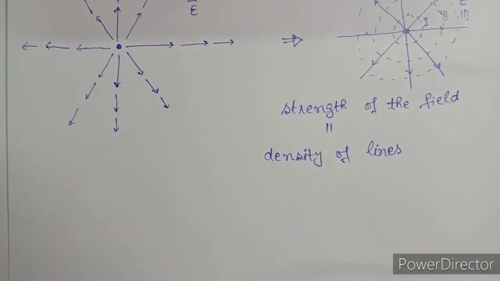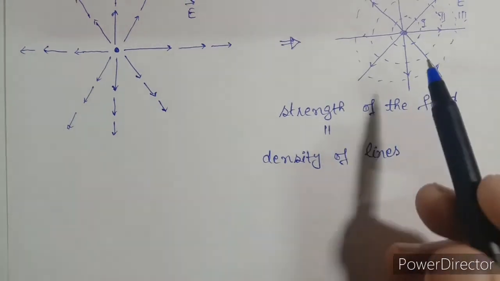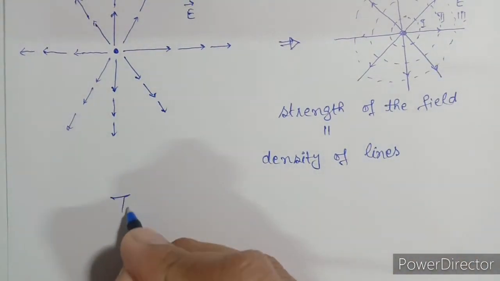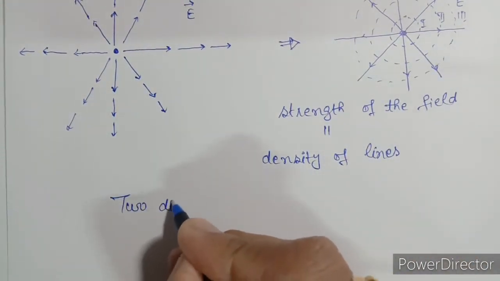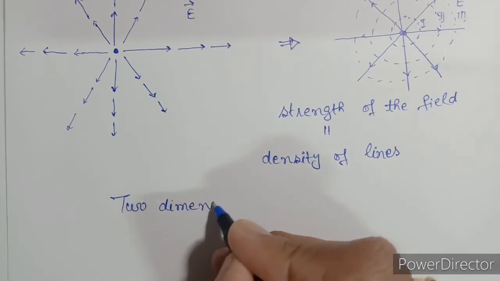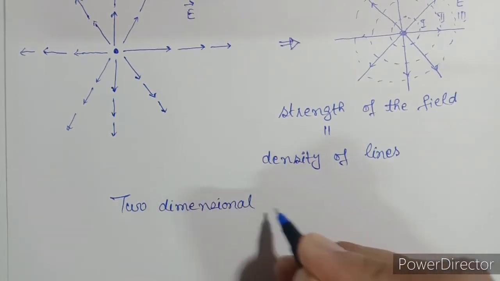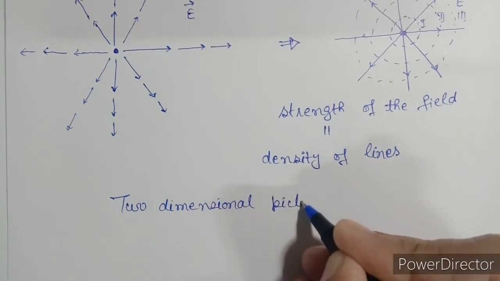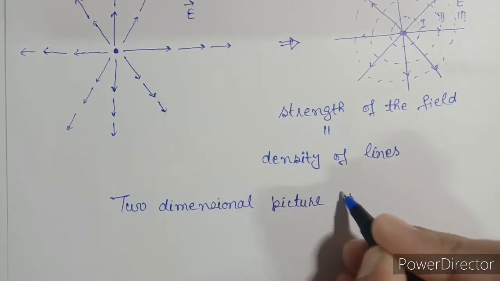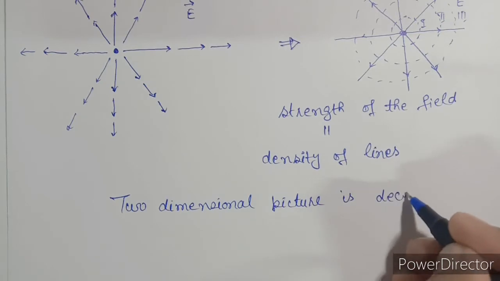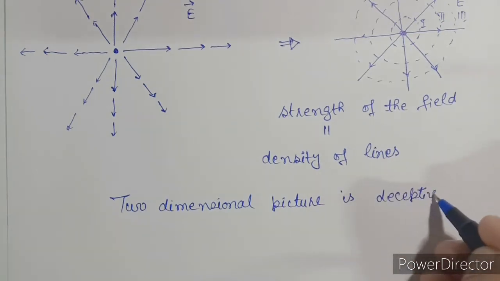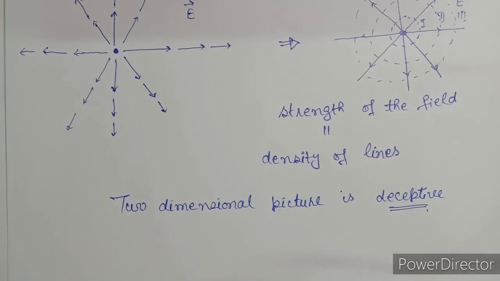So the next point here is that actually this is a two-dimensional picture, and this two-dimensional picture is deceptive. Deceptive means it is misleading. Why is it misleading?